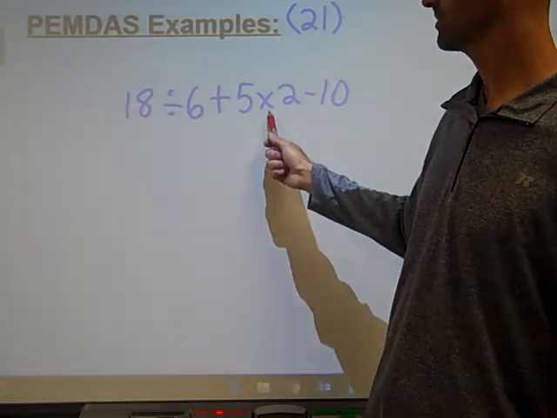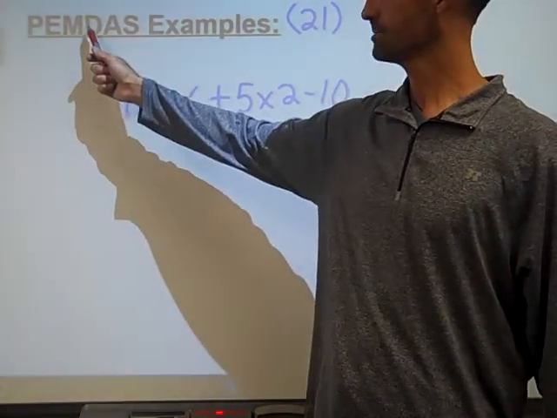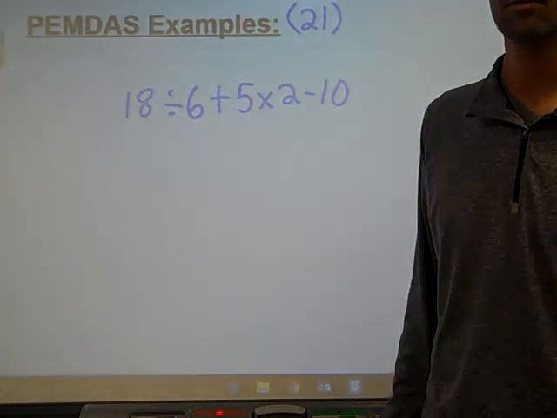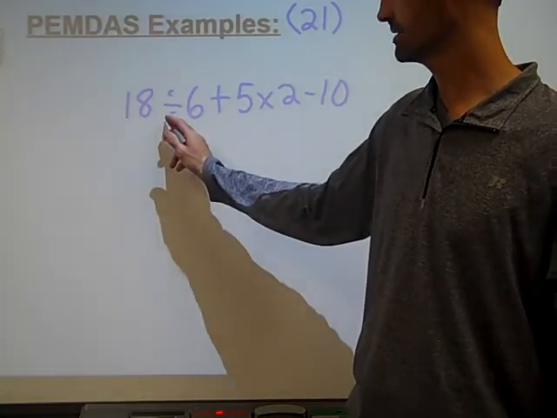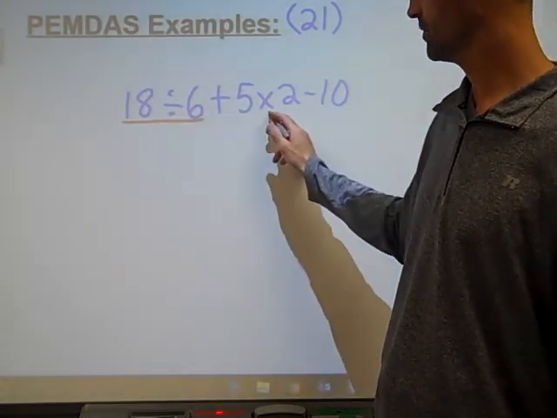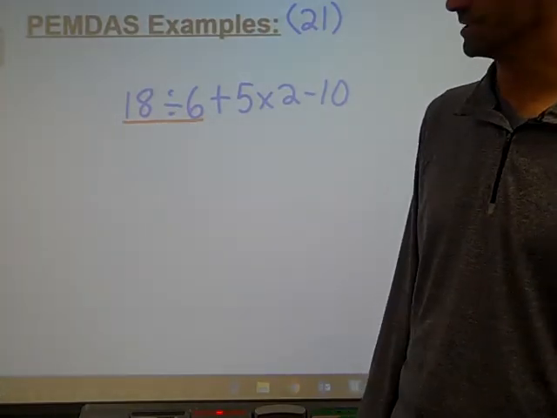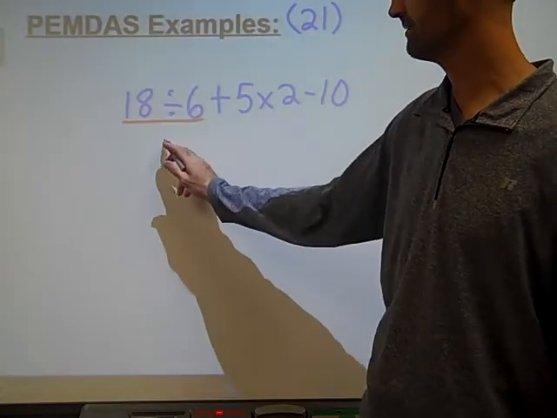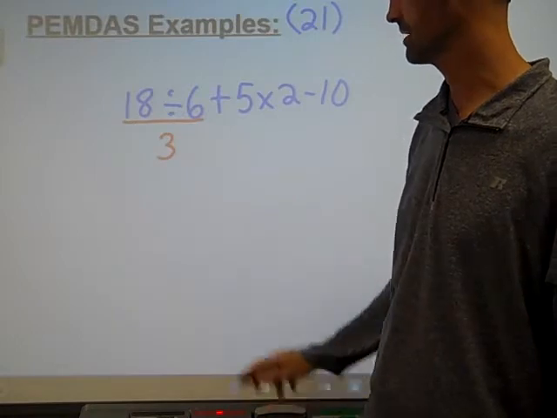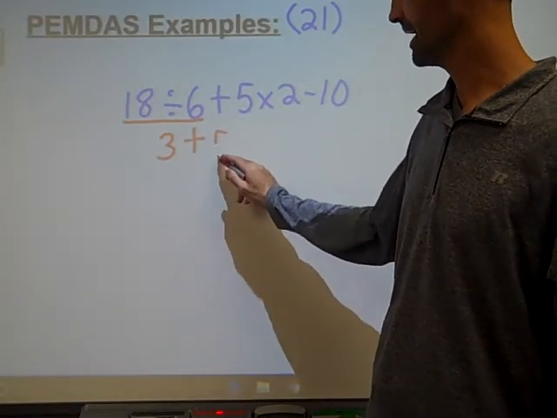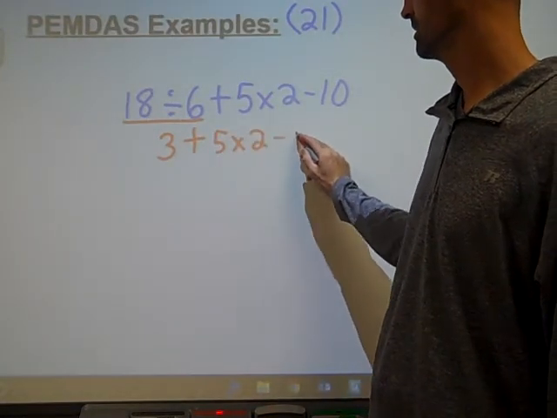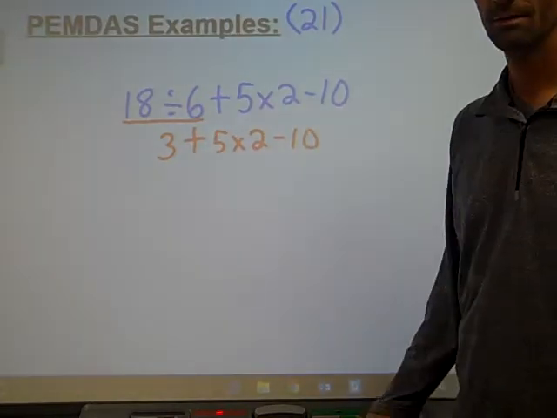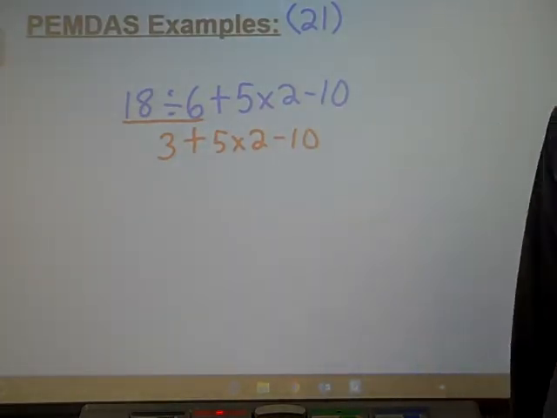Multiplication or division, whichever one comes first. So division comes before multiplication in this expression. So we do that first. 18 divided by 6 is 3. Then we copy everything else as it is. One step at a time.